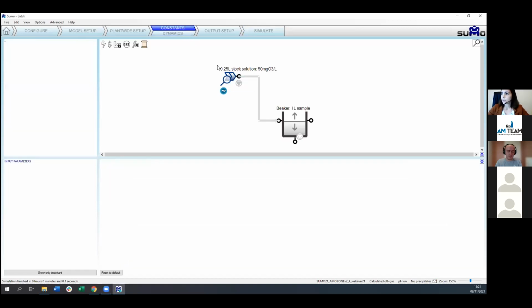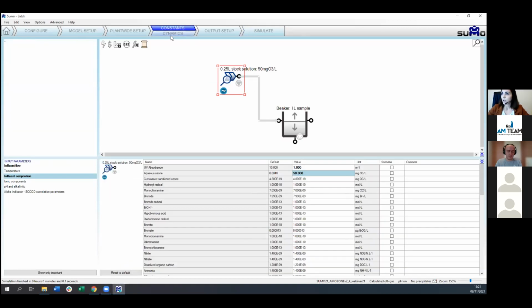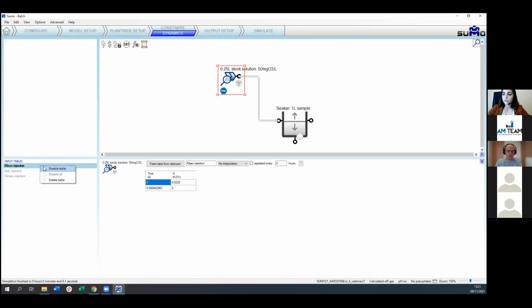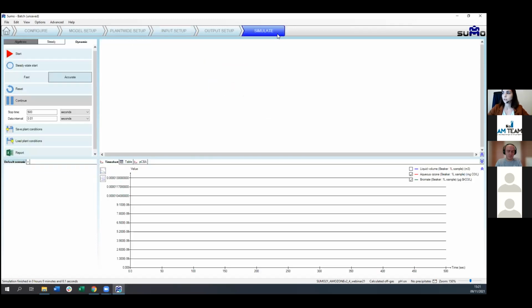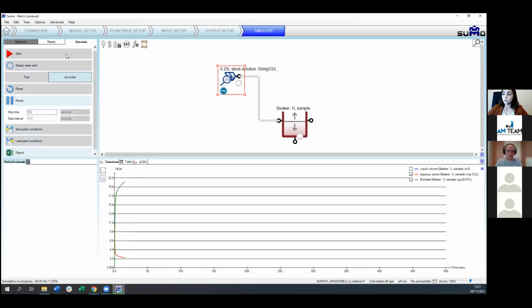So let's first assume that we are injecting the ozone stock solution within 10 milliseconds, a very fast ozone injection speed. Let's see what happens in terms of ozone profile and ultimately in the bromate formation.